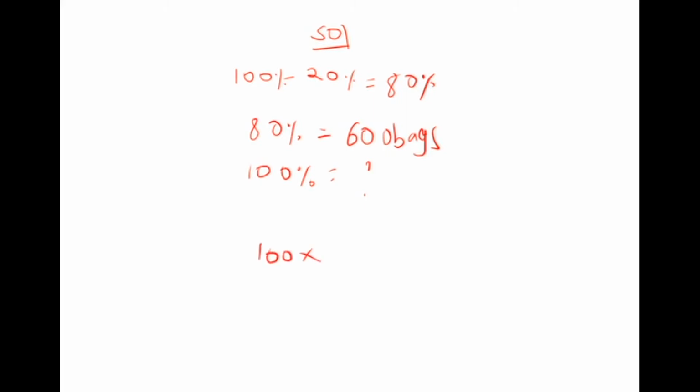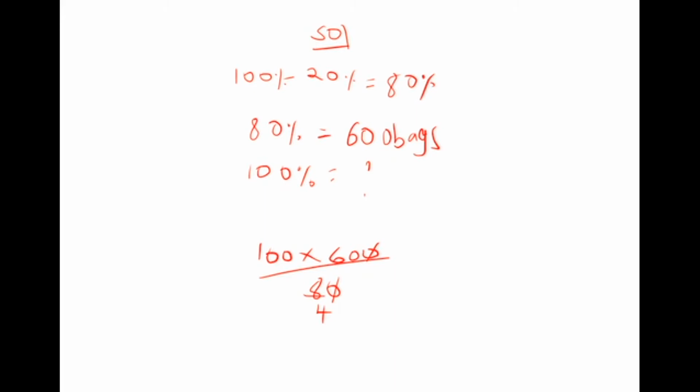times 600 divided by 80 or over 80. Then from there we can simplify. We cancel this 0 with this 0. Then from there we can divide 8 divided by 2, 4.